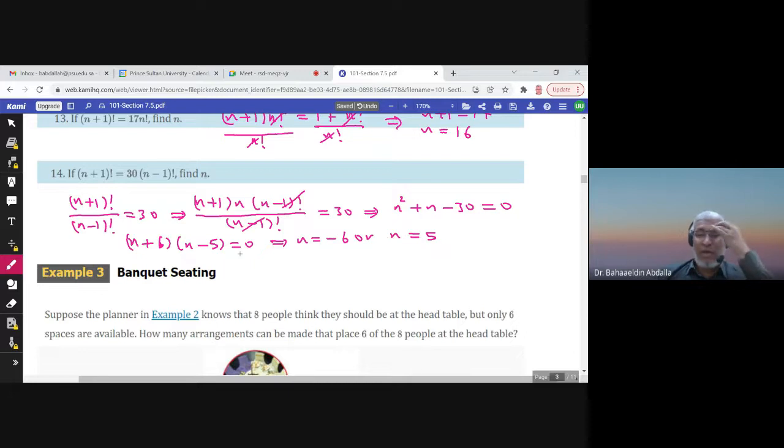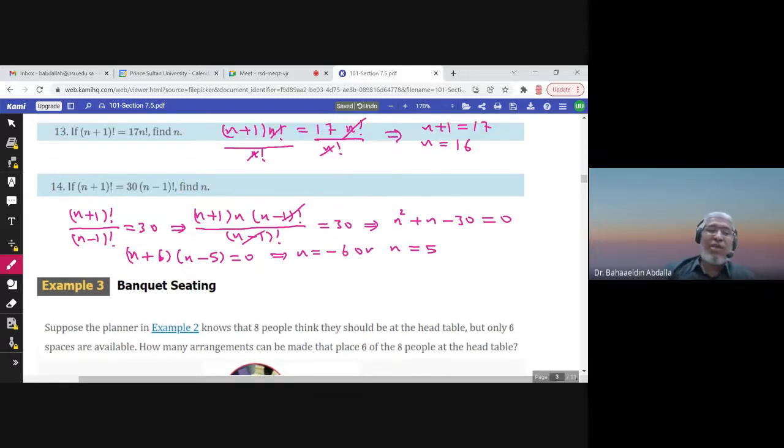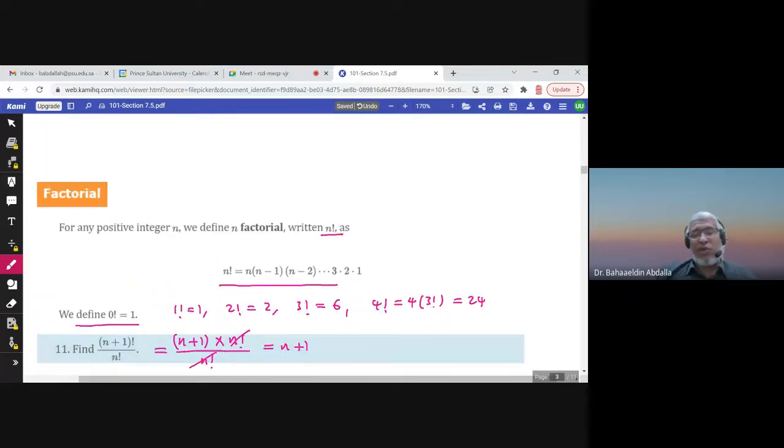So there are two answers for this problem. But can n be negative 6? Well, if n is negative 6, then I'll have negative 5 factorial. And actually, we don't have negative factorial, because if you notice here, n is a positive integer.